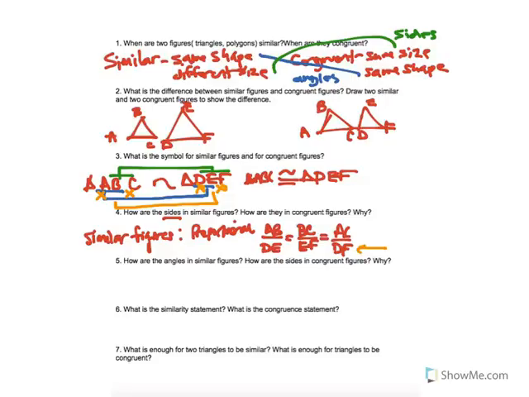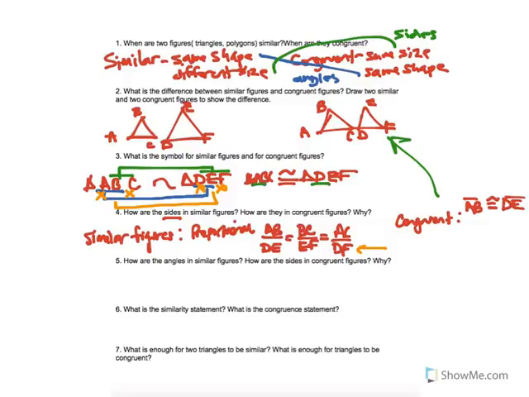Okay? In congruent figures, all of the sides are equal, right? So side AB, I'm looking at this figure up here, right? Side AB would be congruent to side DE. We could also get this not only from the figure, but also from the statement, right?